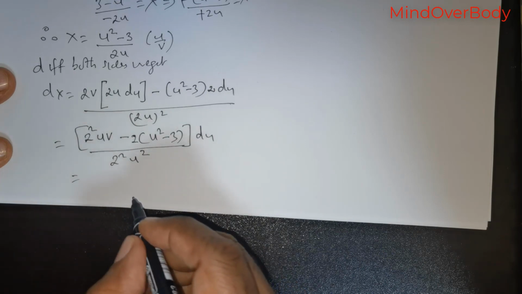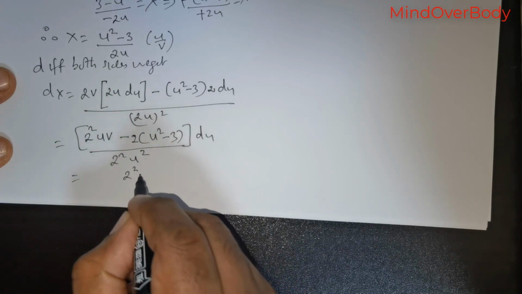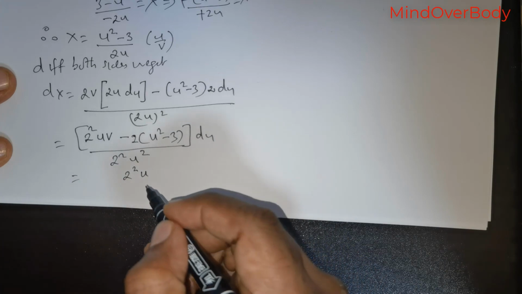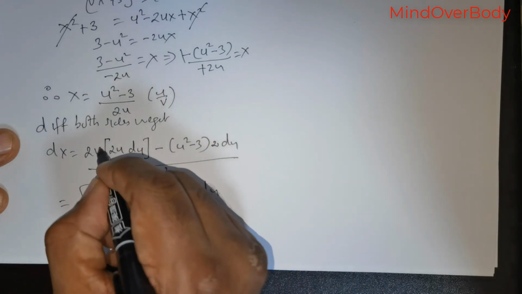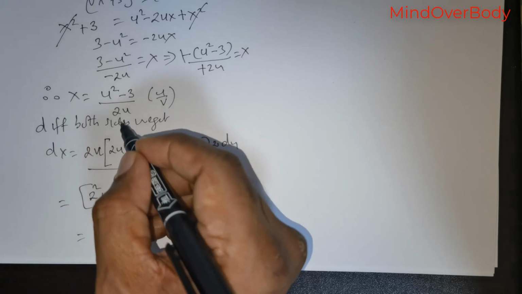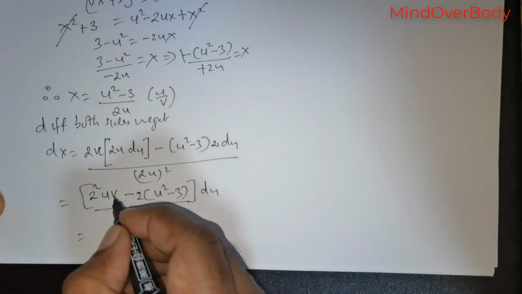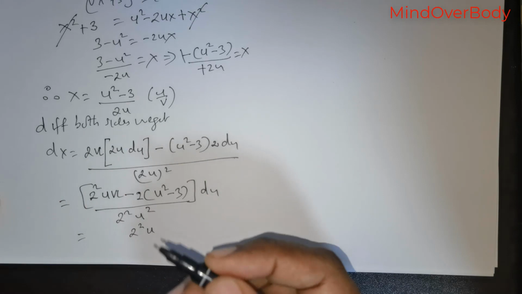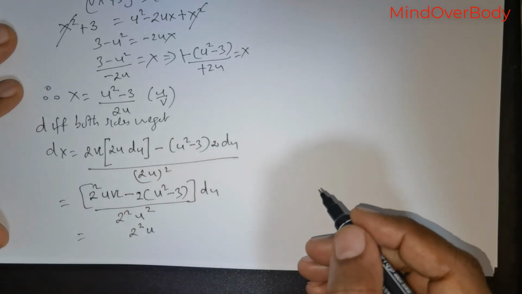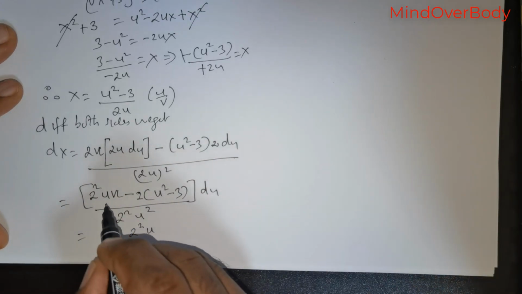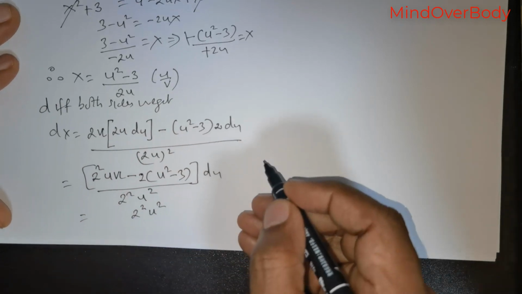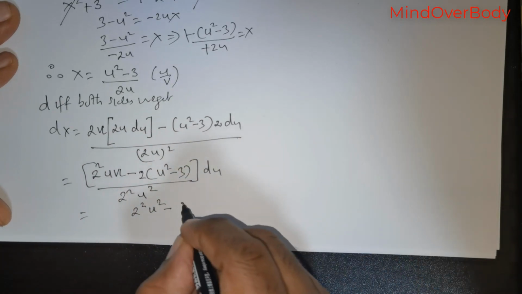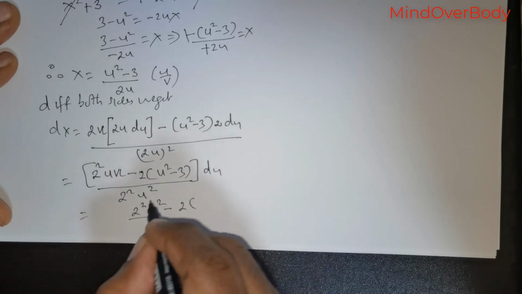Now this can be further rewritten as 2 times u, and this is actually u, right, because I have just taken it as v, it's u. So this is going to be 2 times u into u, which is u squared, minus 2 times u squared minus 3.